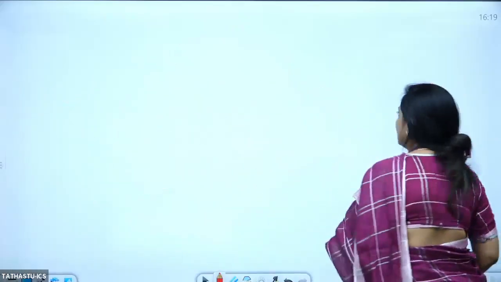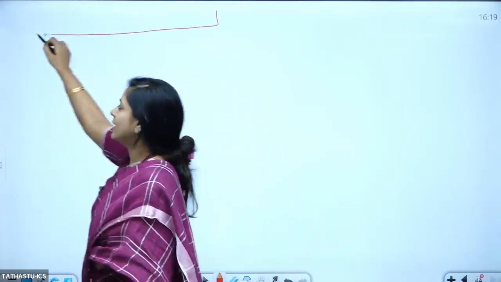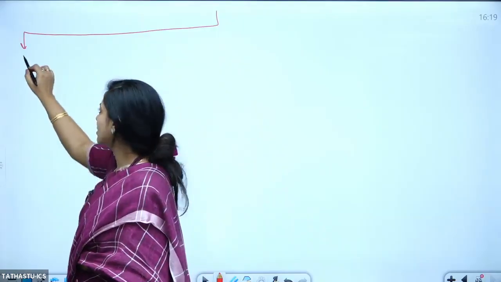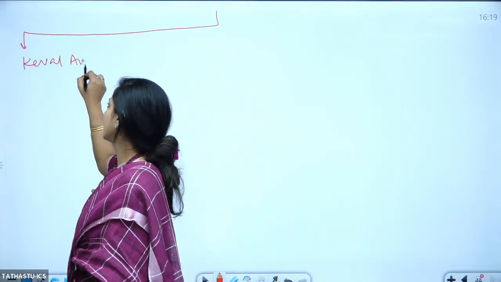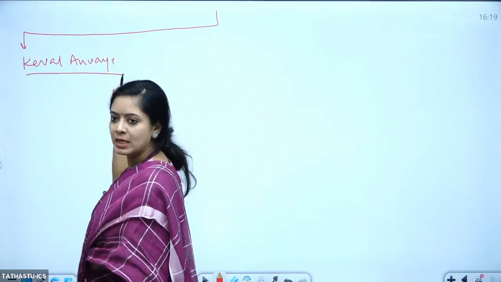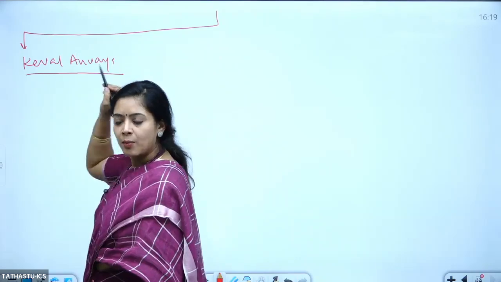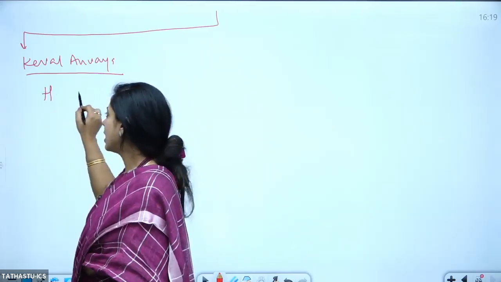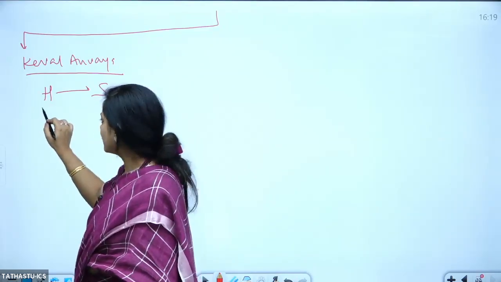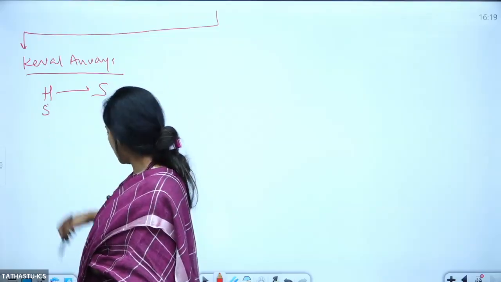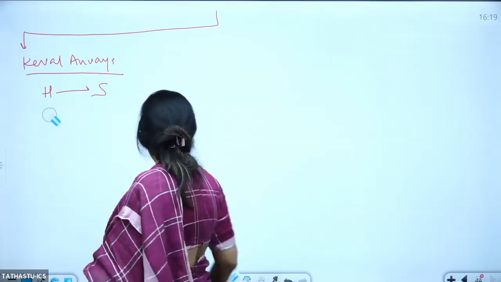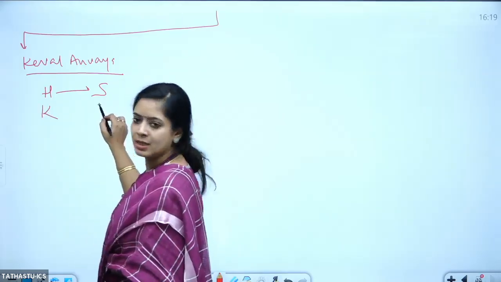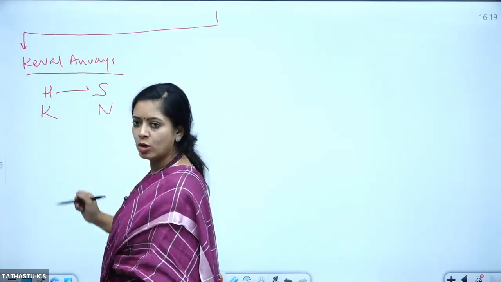Okay fine, don't worry, forget everything, now start again. There is this classification of inference which talks about keval anvay. Anvay means that there is positive association, when there is hetu and sadhya. This means when the hetu is knowable and the sadhya is nameable, then also it is true.